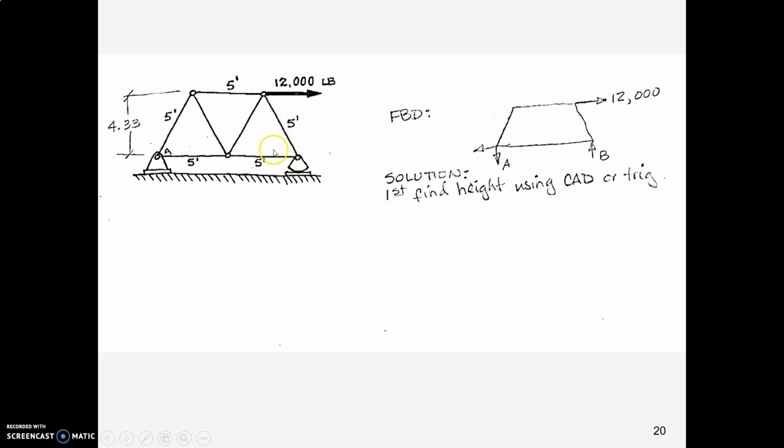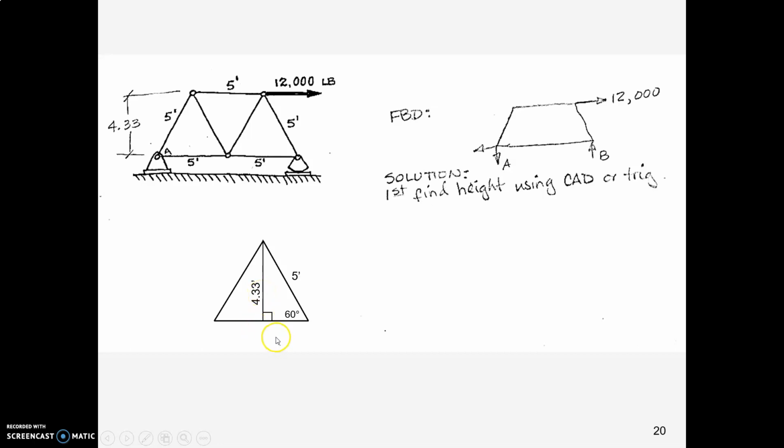And what that means is that each angle is the same. And you might remember from math class that in an equilateral triangle, all of those angles are 60 degrees. So I made a triangle here, and I split it in half. There's a 60-degree angle. There's a 5-foot hypotenuse. And from that, I could figure out 4 1/3 feet.